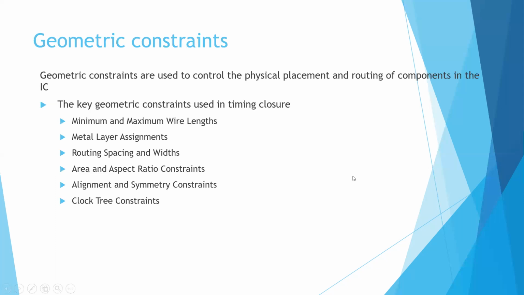So let us see what comes under the geometric constraints. Friends, the geometric constraints are used to control the physical placement and routing of the components in the IC. These are related to the physical placement and routing of the components.